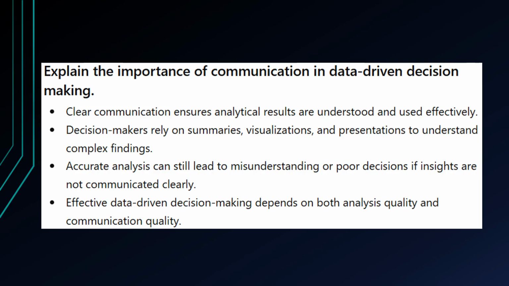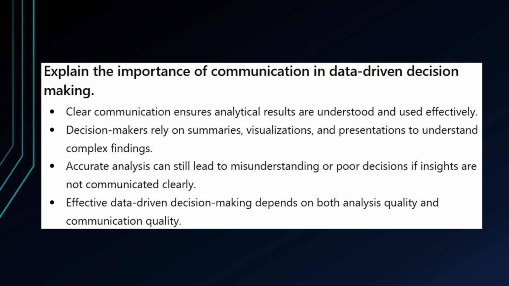Effective data-driven decision-making therefore depends on two forms of quality working together. The first is analysis quality, which involves sound data, appropriate methods, careful interpretation, and honest treatment of uncertainty. The second is communication quality, which involves clarity, organization, relevance, and an ability to explain findings in a way that supports judgment.